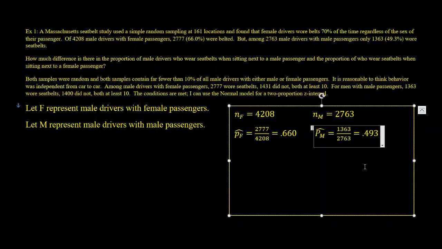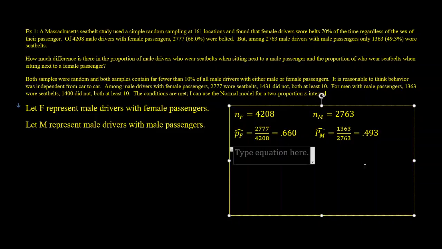Okay, now we've got to calculate the standard error. Again, remember this is standard error, not standard deviation, because we're using the sample. So, the standard error of p hat F minus p hat M. We want to find the difference, so I'm finding the proportion of those with female passengers minus the proportion of those with males, and that will give us the difference between those proportions.